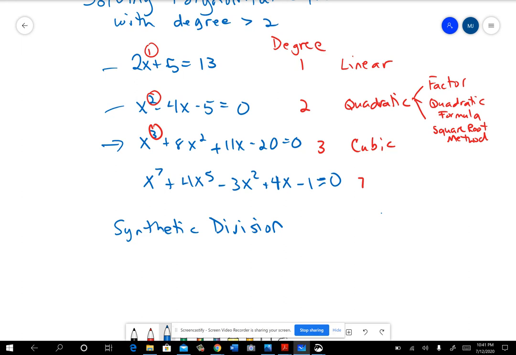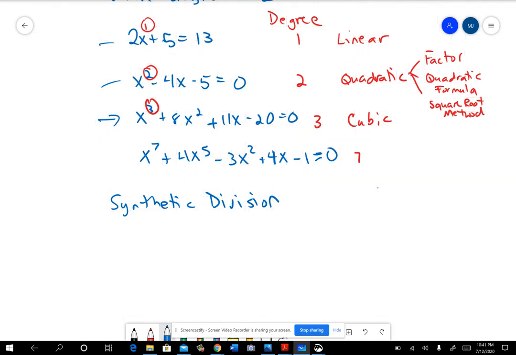Okay. The idea is to think back to the quadratic case for just a minute. That would factor into x minus 5 and x plus 1. Notice that the factors of 5 are 1 and 5. The factors of 1 are just 1.